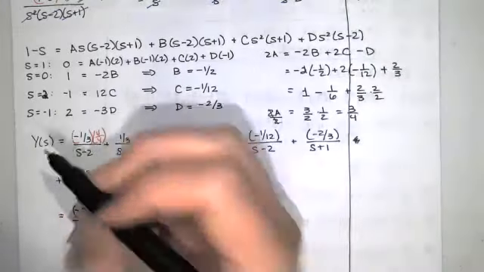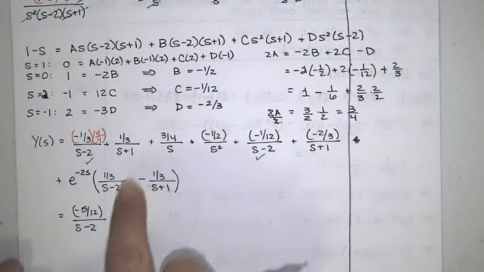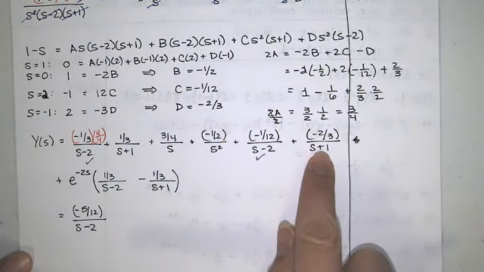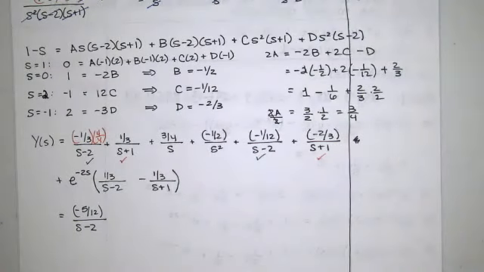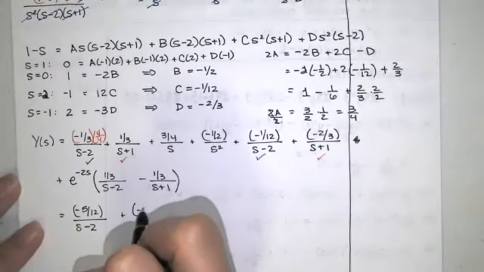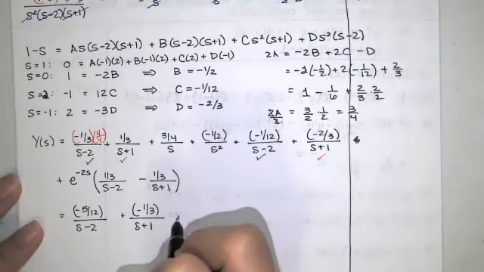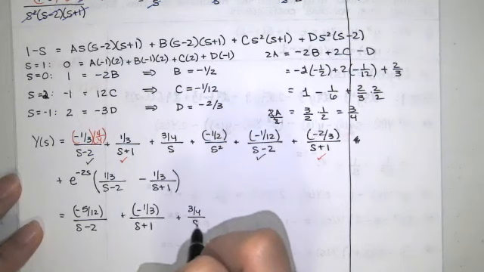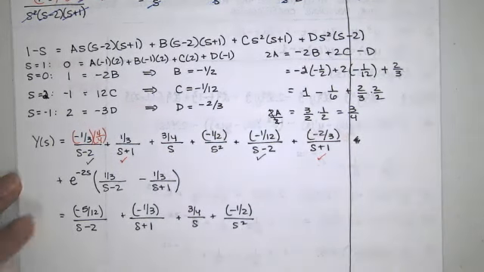So I've taken care of these two guys. And then for the 1/3 over s plus 1 minus 2/3 over s plus 1, that's going to be 1/3 minus 2/3, which is -1/3. And then we have 4/3 over s and a -1/2 over s squared.